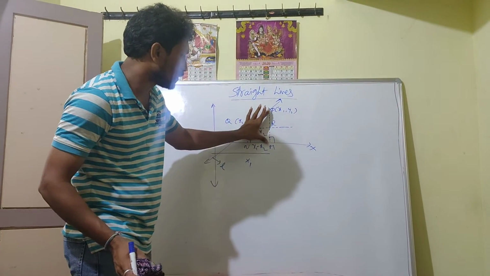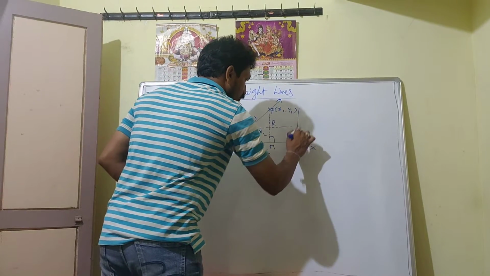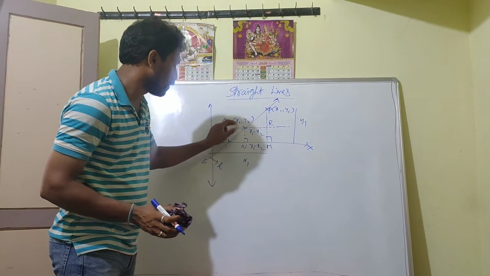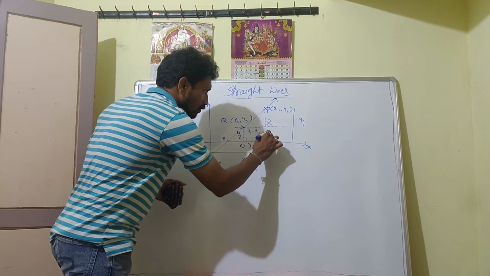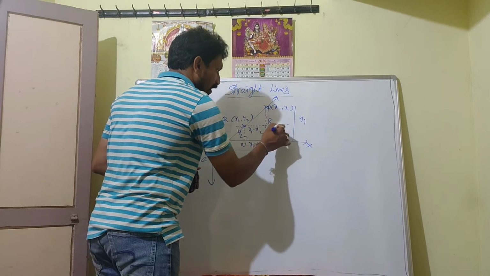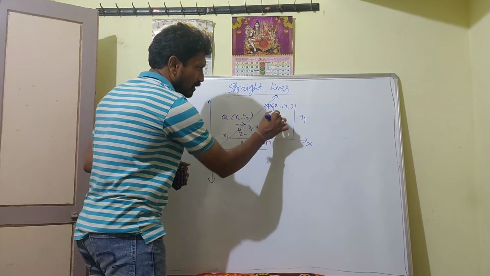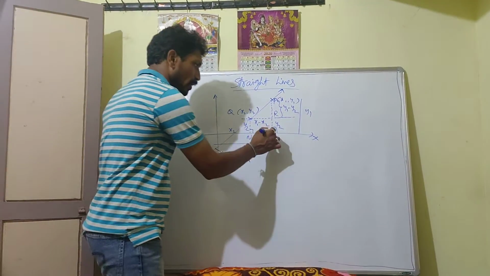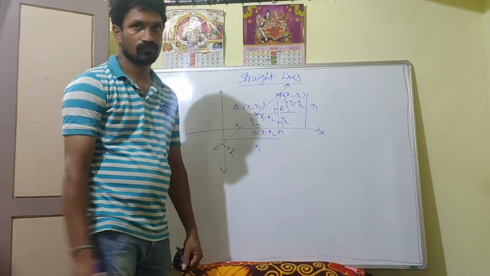Clearly, this distance is y1 because it is x1 comma y1. Similarly, here to here the distance is y2, so this is also y2 only. So this distance becomes y1 minus y2. It forms a rectangle, so this is also 90 degrees.